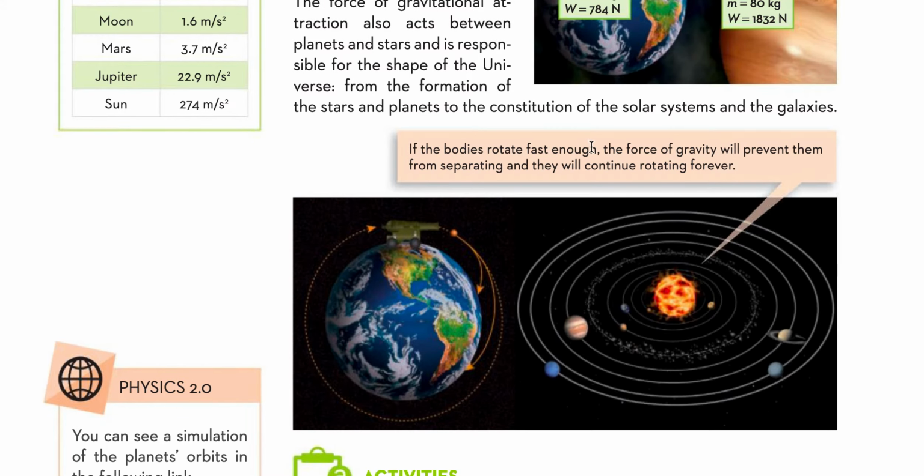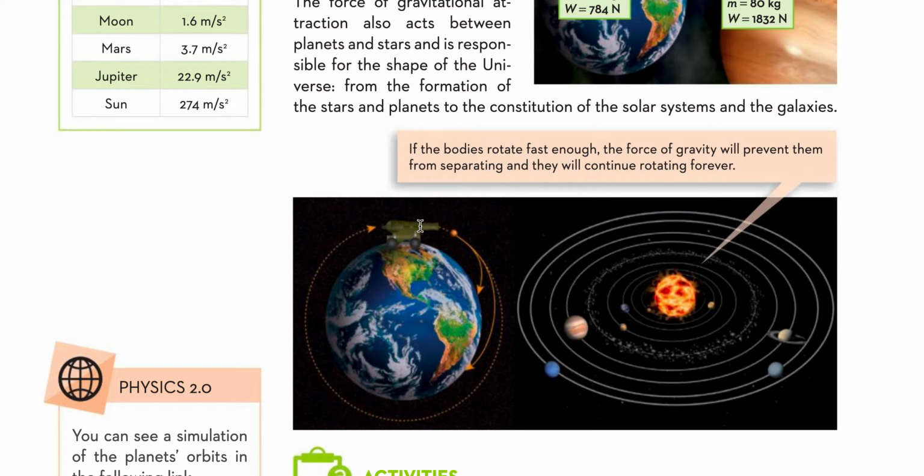If the bodies rotate fast enough, the force of gravity will prevent them from separating, and they will continue rotating forever. For example, the planets around the Sun. And why is this happening? Imagine a cannon, and we fire, and the cannonball goes some distance, for example, over here.